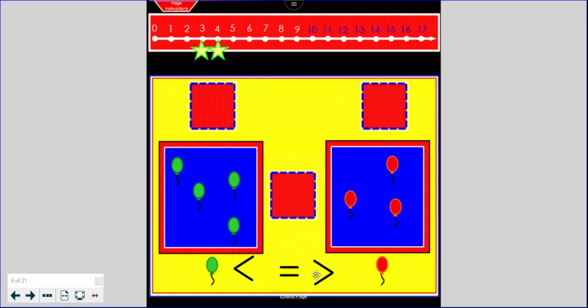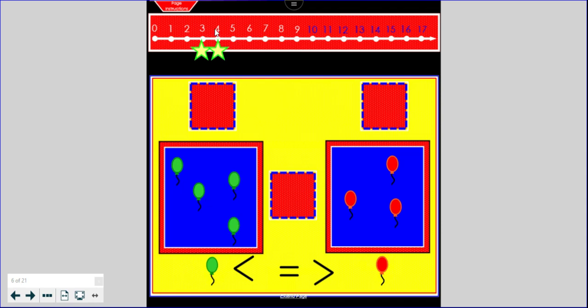Those numbers are really close together, I'm noticing. On my number line. But we do know that when we go this way on the number line, the numbers get what? Bigger. You're right. And when we go this way on the number line, the numbers get smaller.